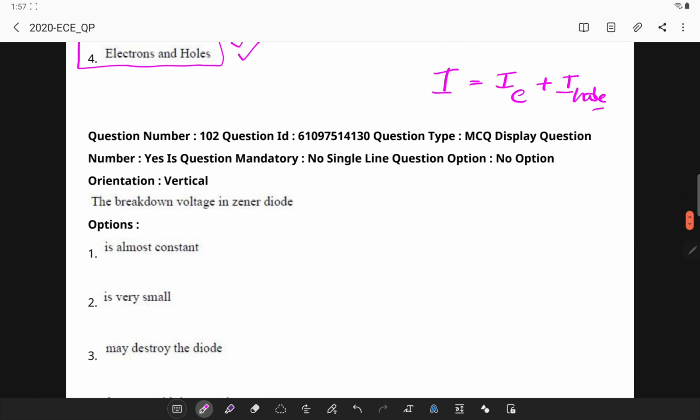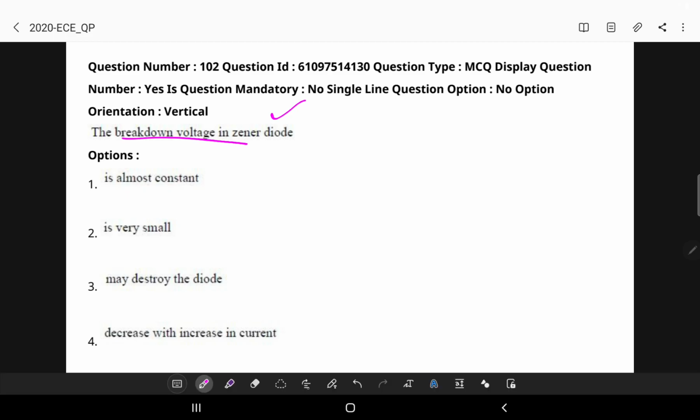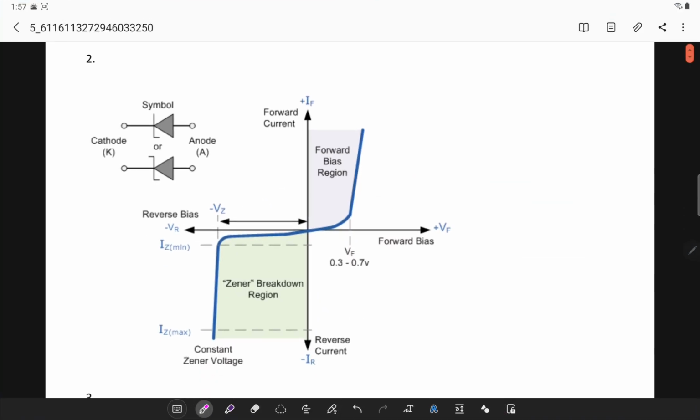Next, the breakdown voltage in a Zener diode. To see this, you must have an idea of the characteristics of a Zener diode. If you consider a Zener diode, it has the same forward characteristics of a PN junction diode.